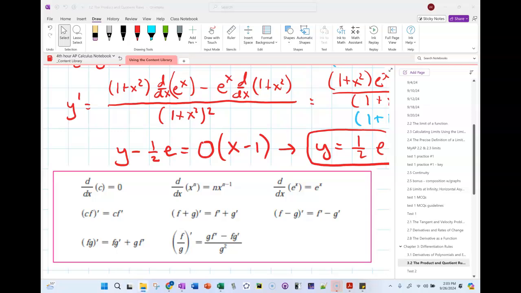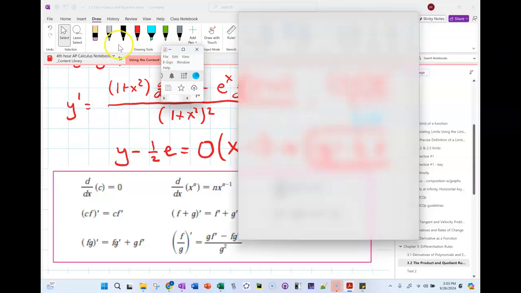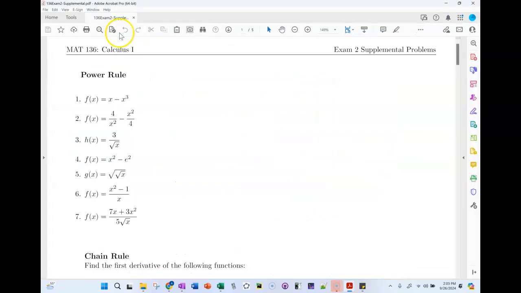Let's do a couple. Good practice. This is a skill that you really can't be bad at. We just have to be good at stuff like this, and ideally we have to be kind of fast at it.